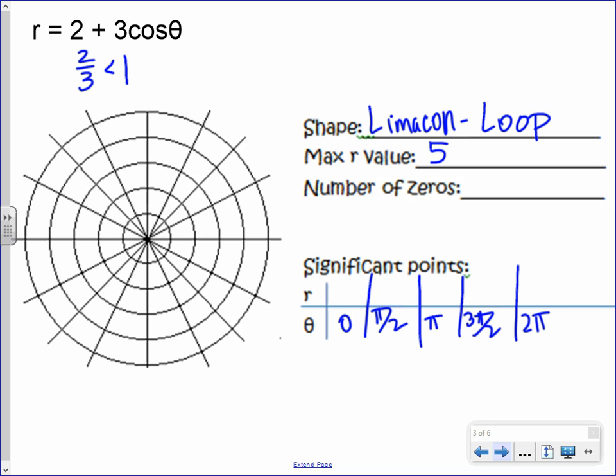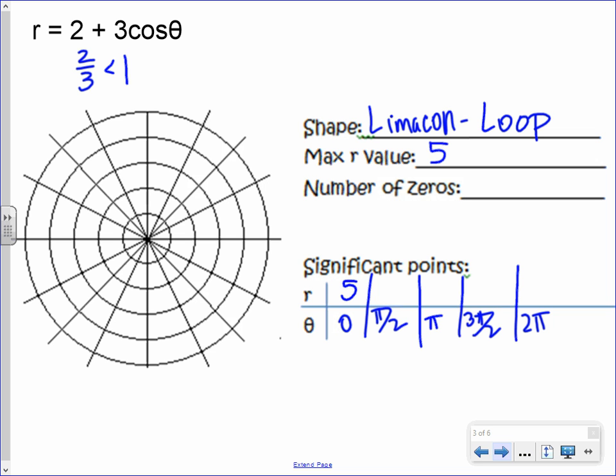Okay? So, toughest part, figuring out which type it is, and then just doing some trigonometry. So 0, cosine of 0, 1. So we have 3 times 1 plus 2 is 5.